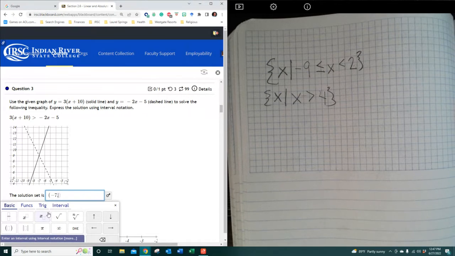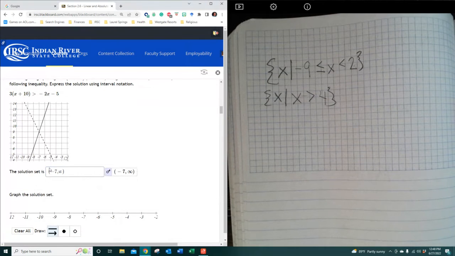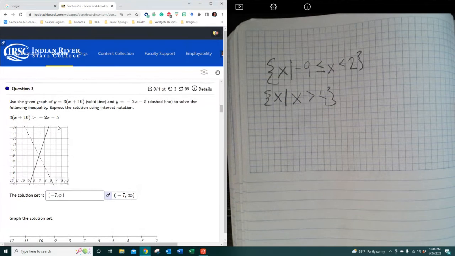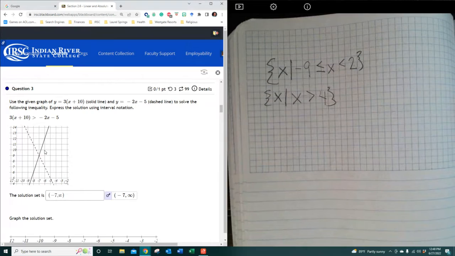So you just go ahead and put that in and put infinity. And you never put a bracket next to infinity signs. So that's our answer that we're looking for. I typed that in. That's what you would want to write. That's how you use graphs to determine value systems without any work, without any writing or anything like that.